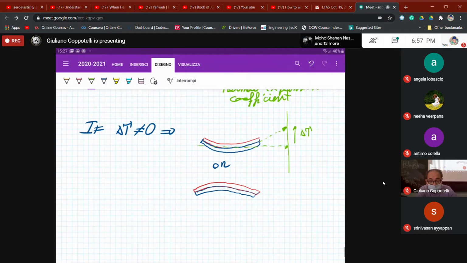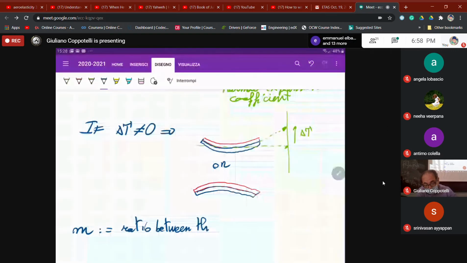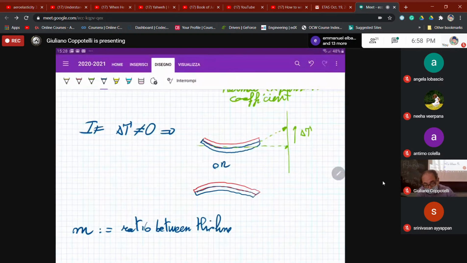So let me call M the ratio between thicknesses of the foils.